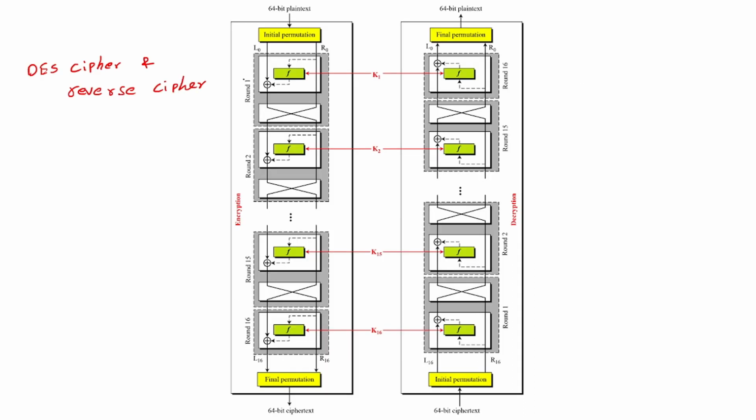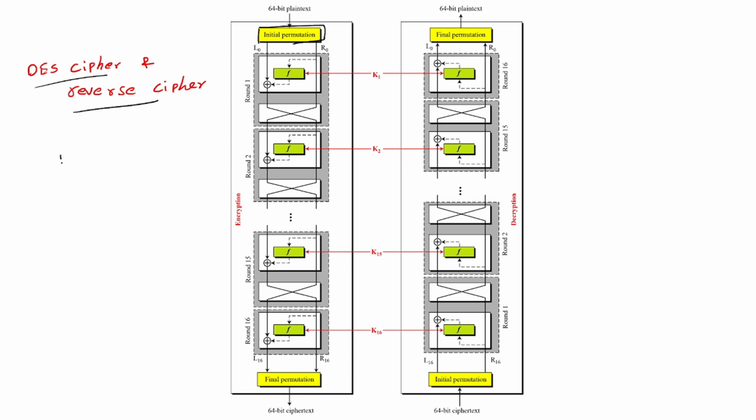So this is the DES cipher and reverse cipher. This is the internal structure of DES: the initial permutation, then 16 rounds, and finally the final permutation. Here DES defines 2 approaches.